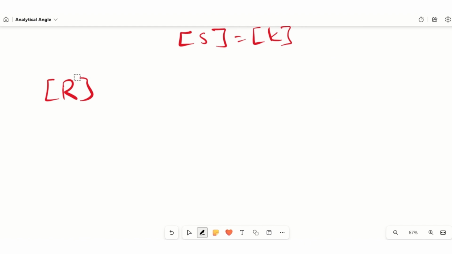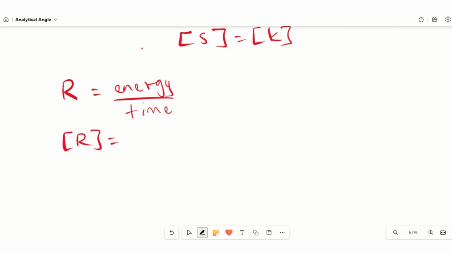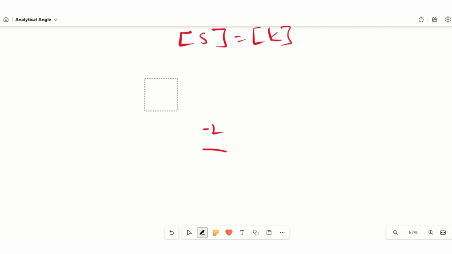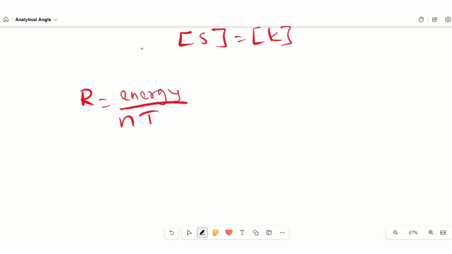We know that R is energy by N T, where N is the number of moles and T is temperature.